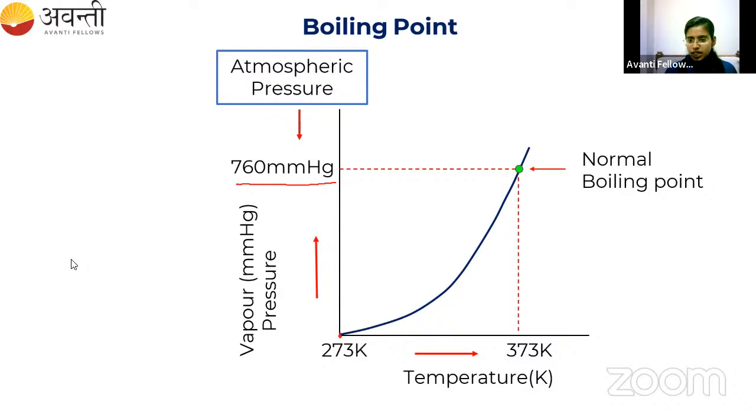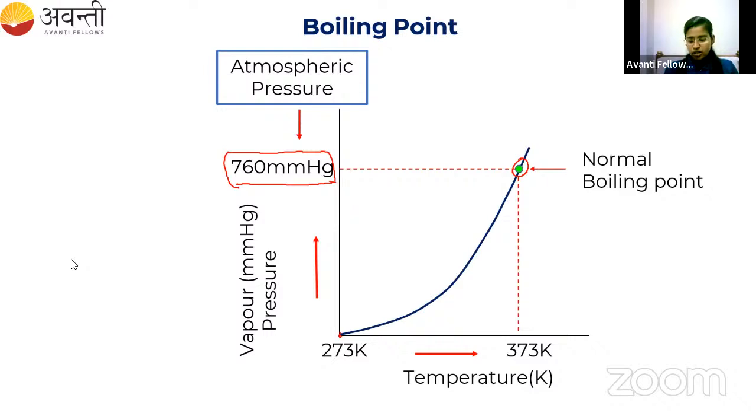So at this particular point, the water will boil, and we call that point the normal boiling point. Atmospheric pressure will be 760 mm of mercury for water at that point. Got it? Now, what is going to happen if I add some non-volatile solute to that pure water?